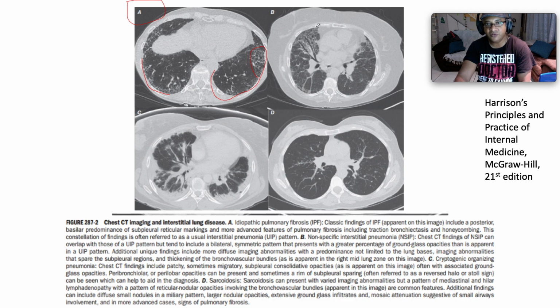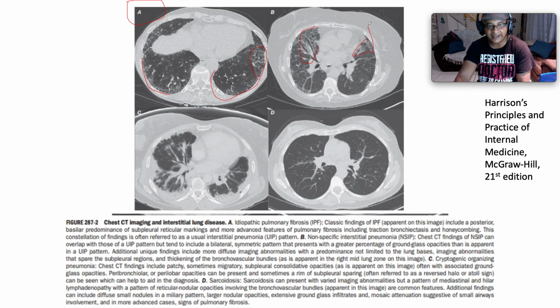Now compare this to picture B, which is called non-specific interstitial pneumonia. The chest CT findings here may overlap with the UIP pattern, but the classic thing is that it's usually a bilateral, symmetrical pattern that presents with a greater percentage of ground glass opacification. Ground glass opacification, like you're looking through someone's bathroom window, that opaque kind of glass appearance, is more apparent in NSIP.